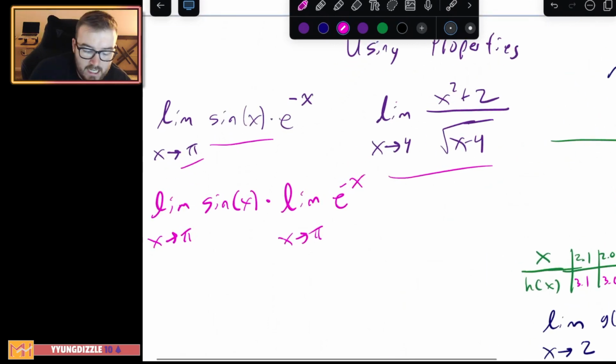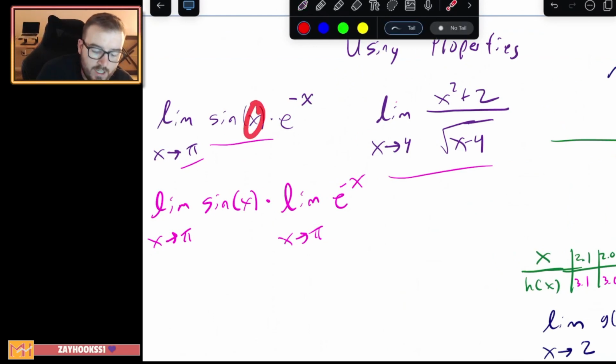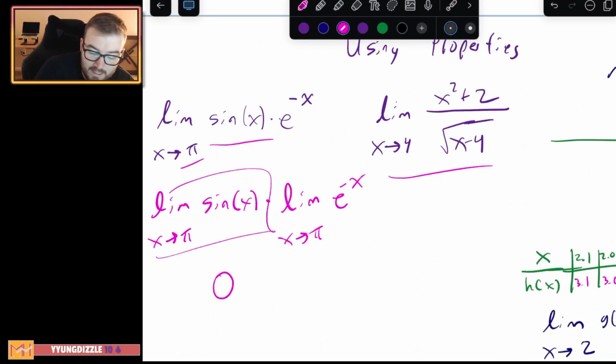Now, at the end of the day, just plugging in pi is really your best bet here, because when you plug in pi, you're going to get sine of pi is 0 and e to the negative pi is something, right? But inevitably, it's 0. If you think of this, it's 0 times 1 over e to the pi, right?